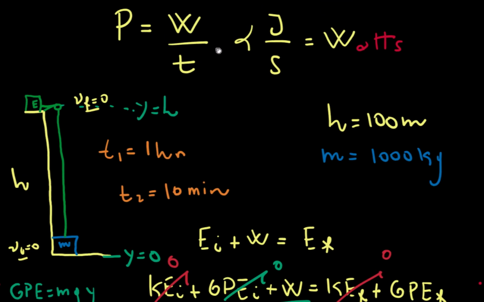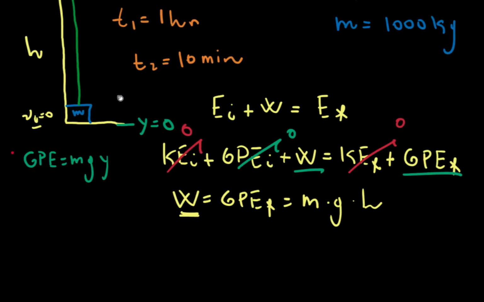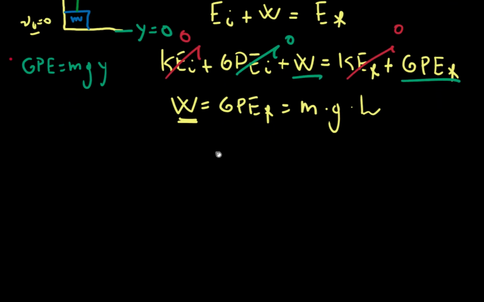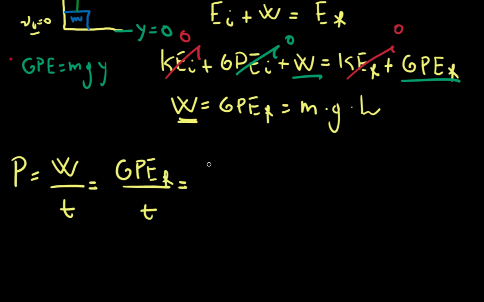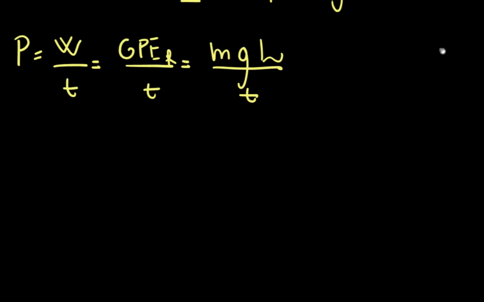All right, so let's work with this equation now. Power equals work over time. This work is just the gravitational potential energy final divided by the time, which equals mass times gravity times height divided by the time. Now if you add all the numbers in, let's do the first case, t equals 1 hour.